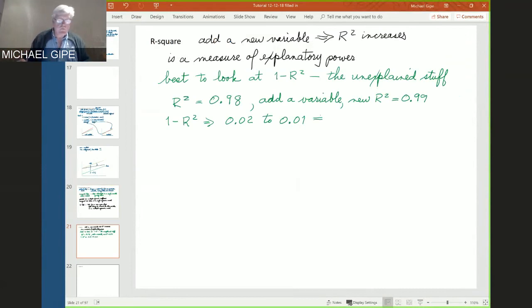And what this says is we have reduced the unexplained part by 1/2. And that is a large improvement. We've cut the unexplained bit in half.